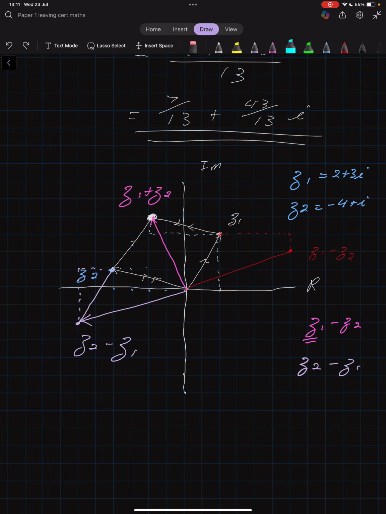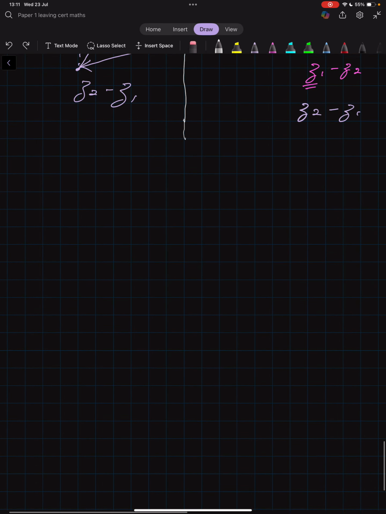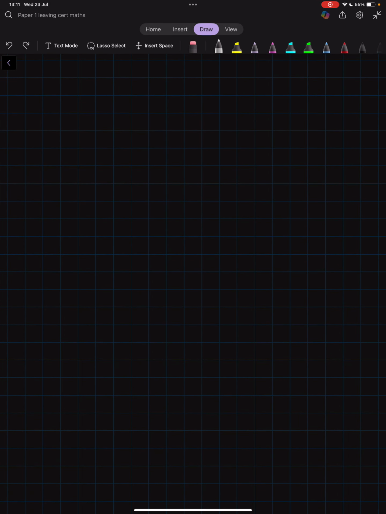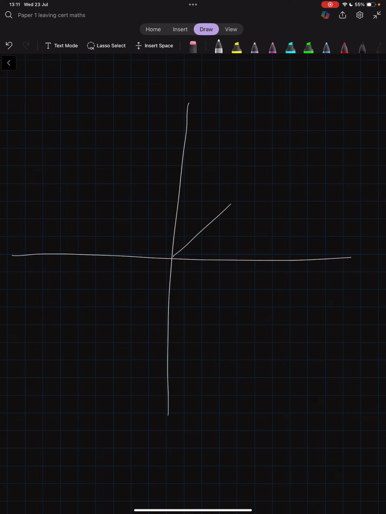Okay. So now, what about multiplying? Again, if I just say I have Z1 here, what happens if I multiply it by 2? If you multiply it by 2, the length simply doubles.